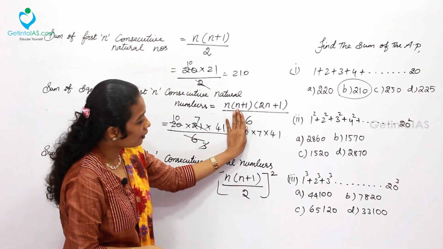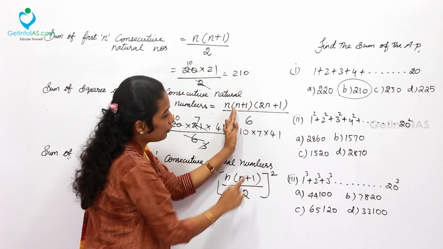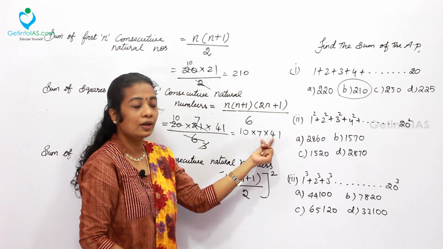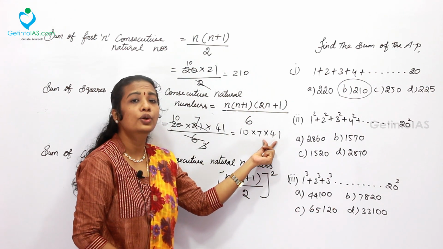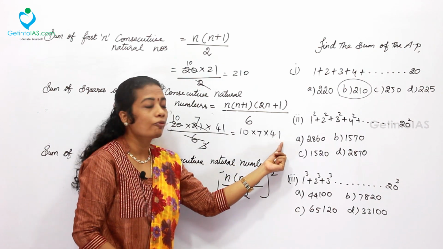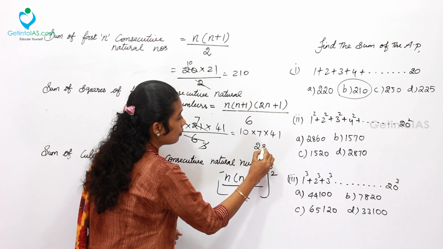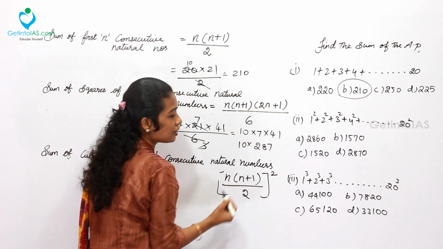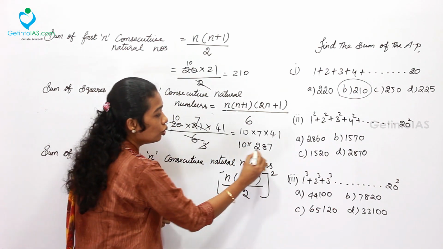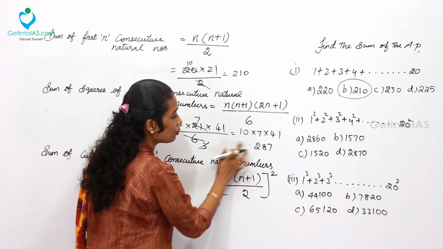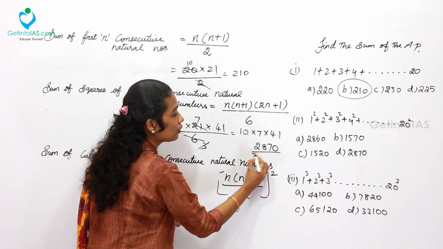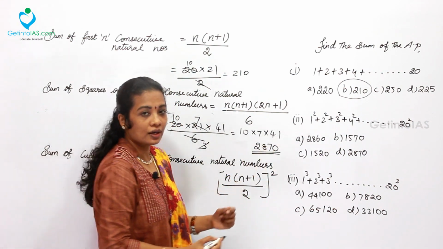So forget 10. Let's solve 7 and 41 first. 7 into 40, 280. 7 into 1, 7. So 287. 10 into 287. Finally my answer is 2870, which is given in option D.